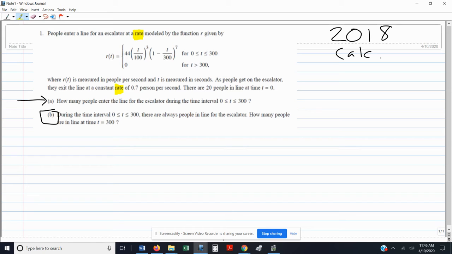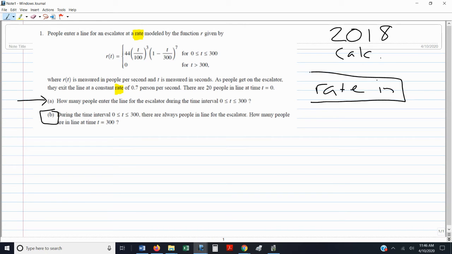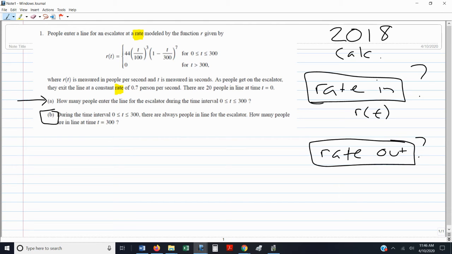All right, so my first question for you is, which function is the rate in? And that would be the r of t function. Which function is the rate out? And that would be 0.7.